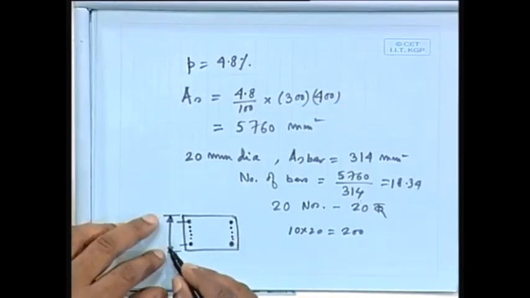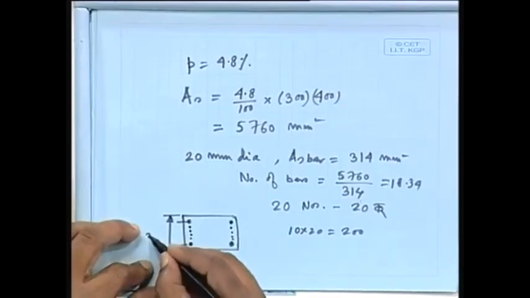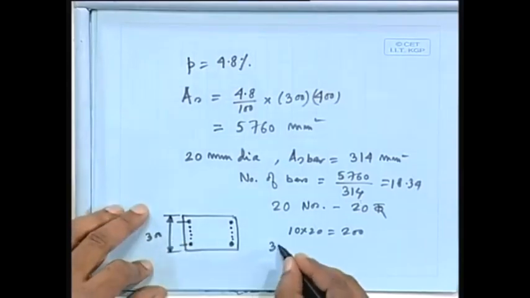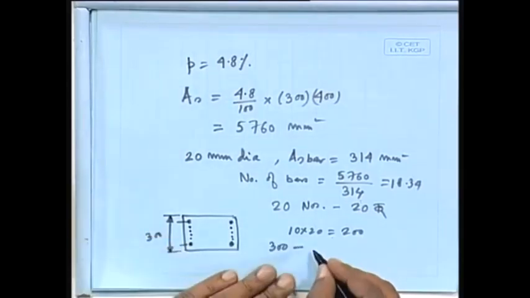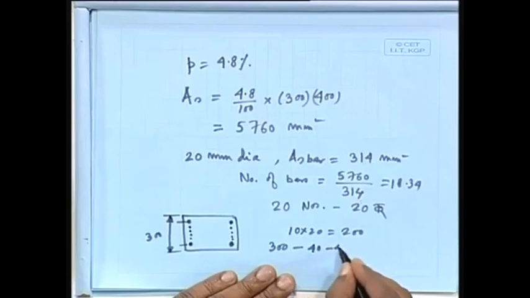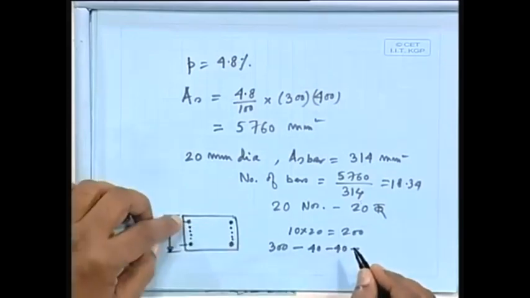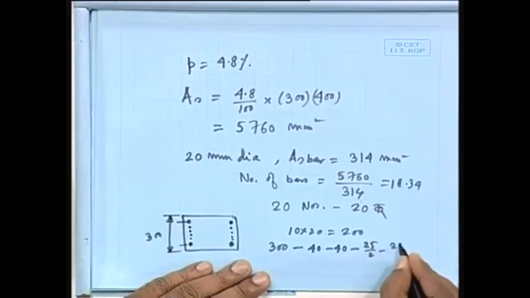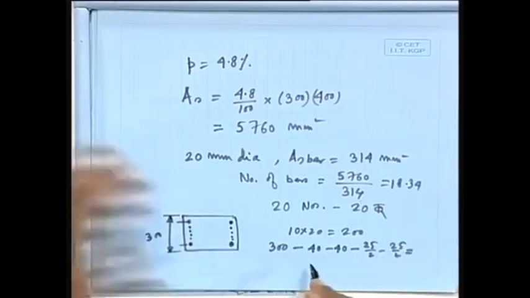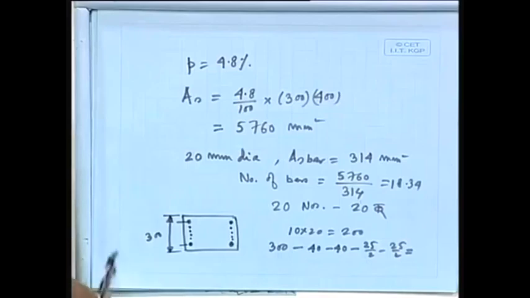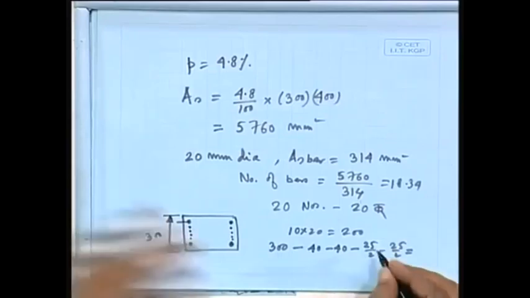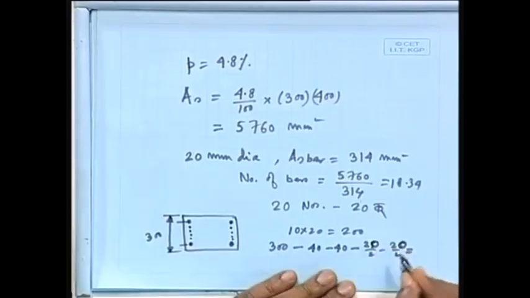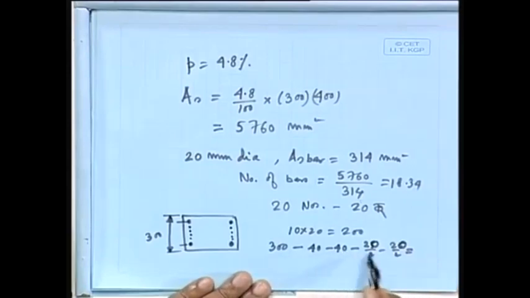So if you provide here 300, then 300 minus clear cover, we are coming to center, so 25 by 2 minus 25 by 2, which comes as 40 plus 40, 80, 80 plus 20, 100, so which comes as 200.